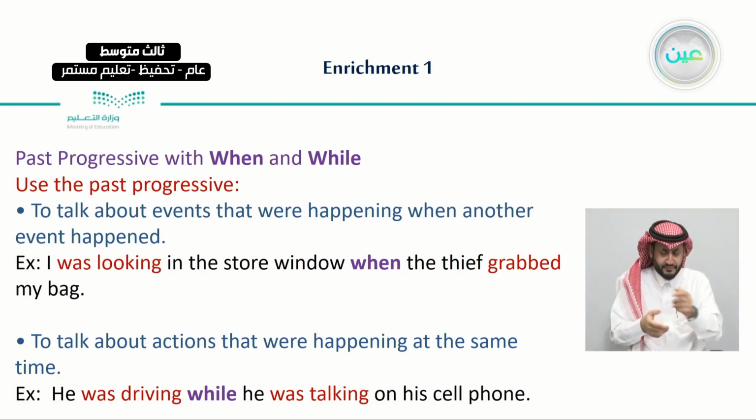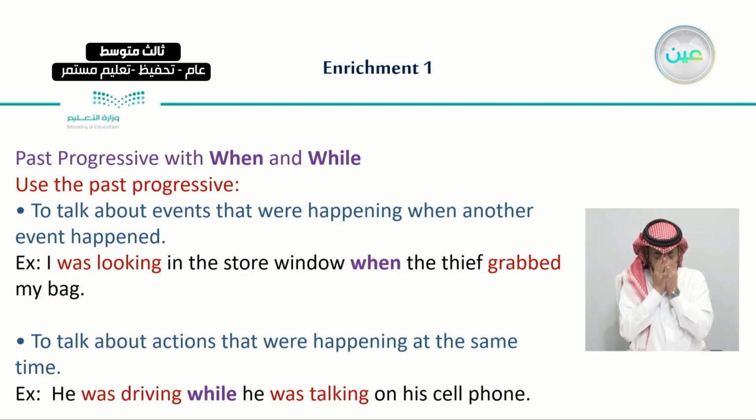For example, I was looking in the store window when the thief grabbed my bag. We said that we use when there are two events that happened in the past. And we use while to talk about actions that were happening at the same time.